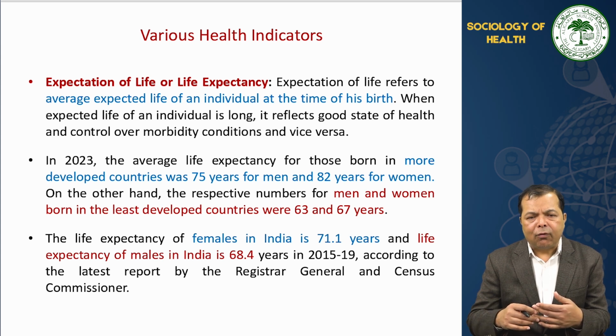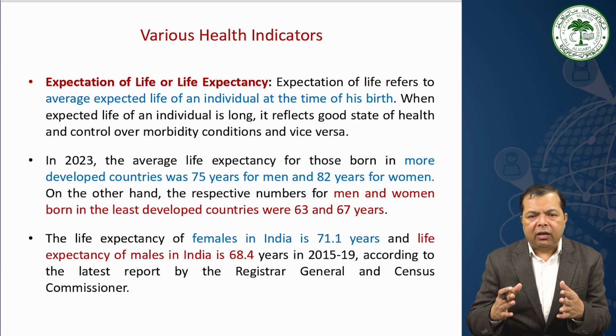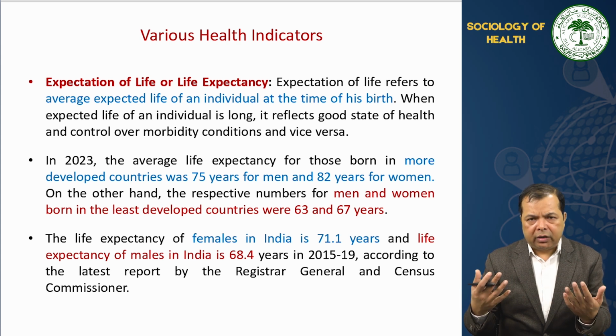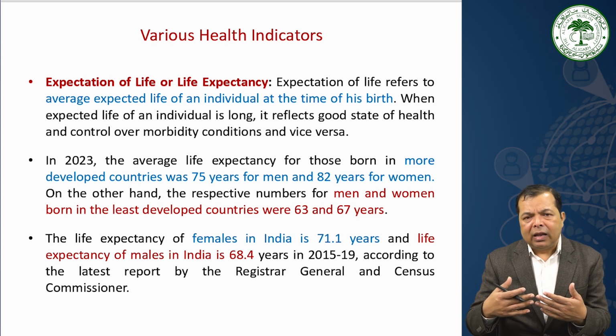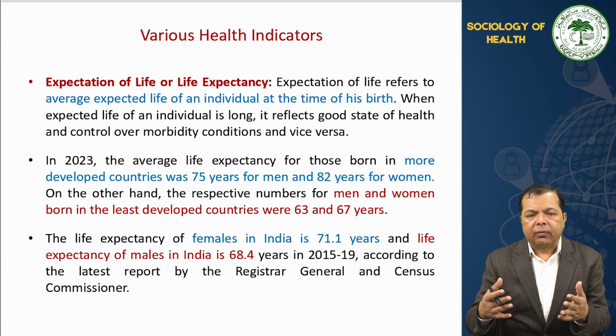When the expected life of an individual is long, it reflects a good state of health and control over morbidity conditions, and vice versa. That means long life expectancy is an indication of a more developed state, and poor or lesser life expectancy is an indication of lesser development. So life expectancy is very important.